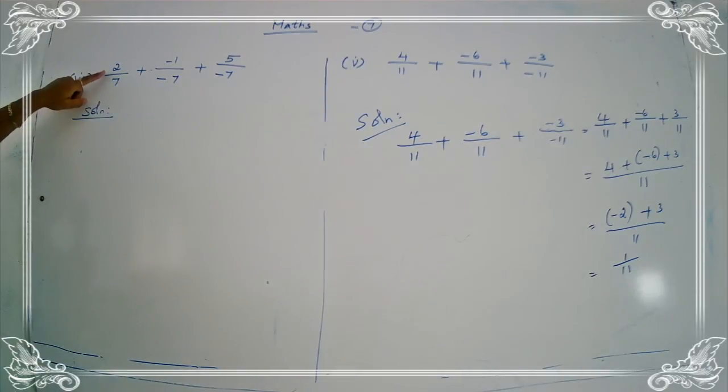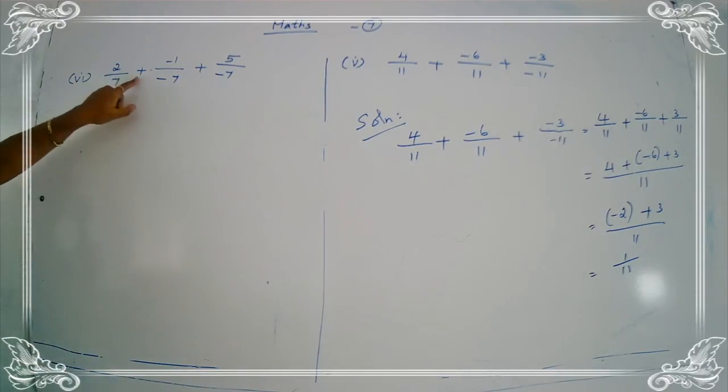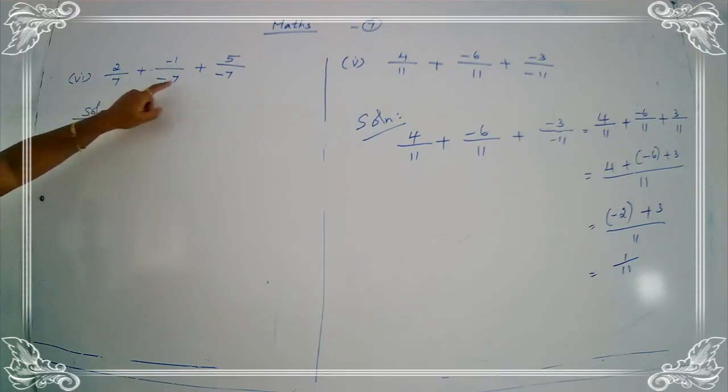Listen, 6th question: 2 upon 7 plus minus 1 upon minus 7 plus 5 upon minus 7.